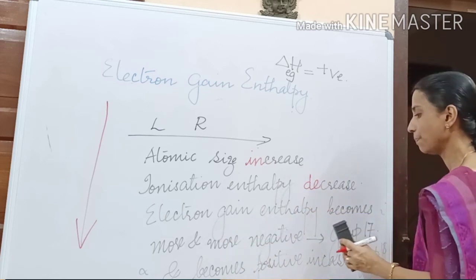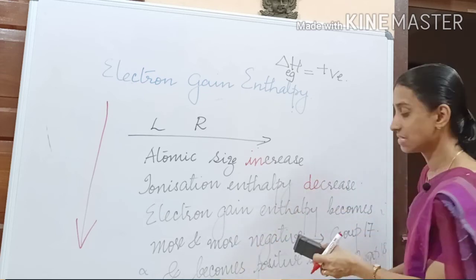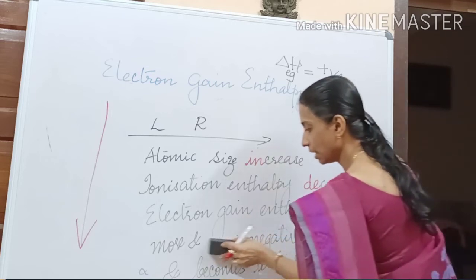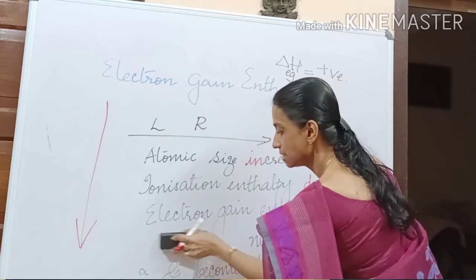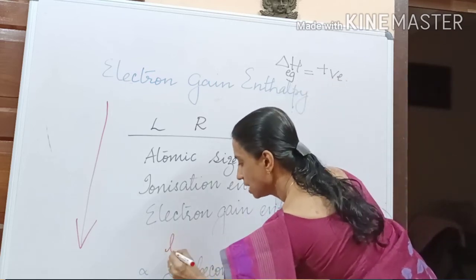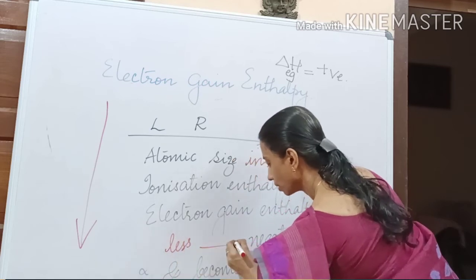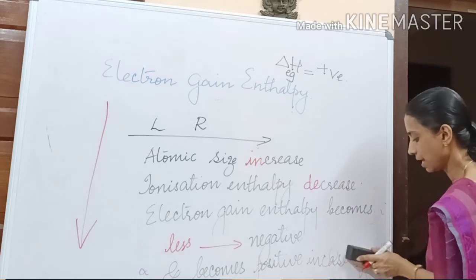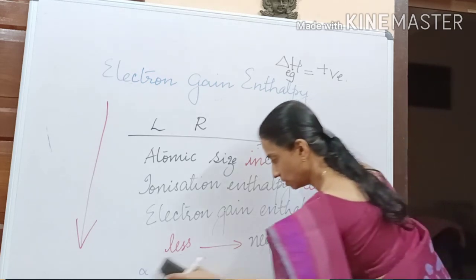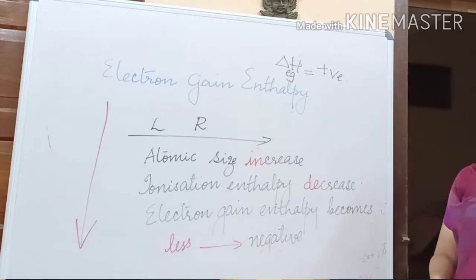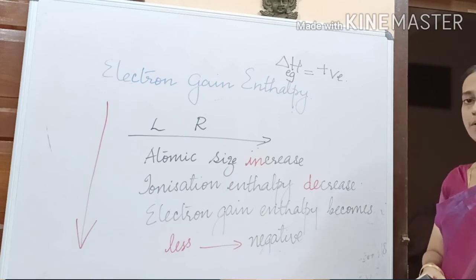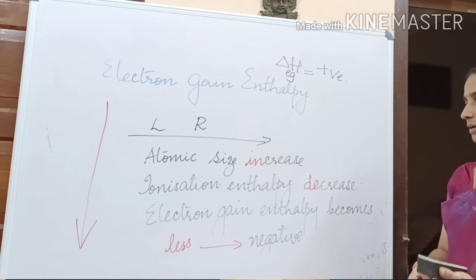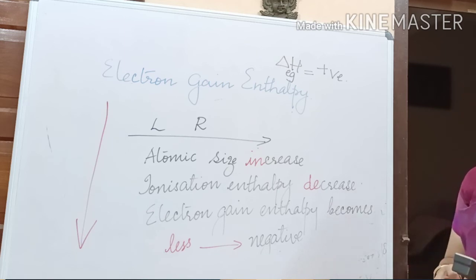Electron gain enthalpy becomes less negative as size keeps on increasing. And down the group, metallic character is increasing, non-metallic character is decreasing. So these are the trends that we have learned.